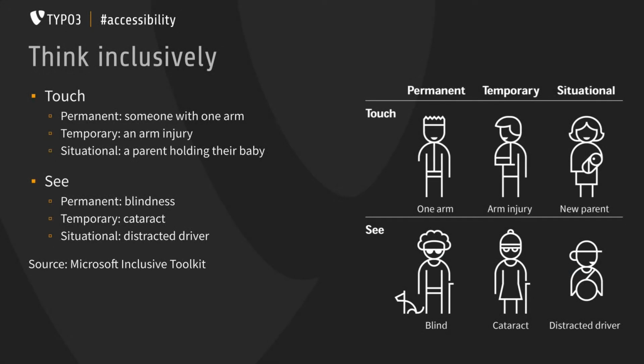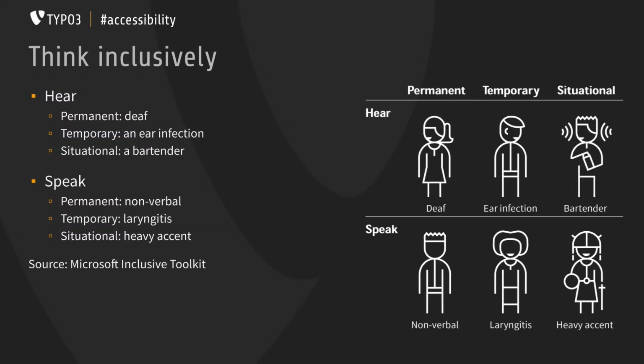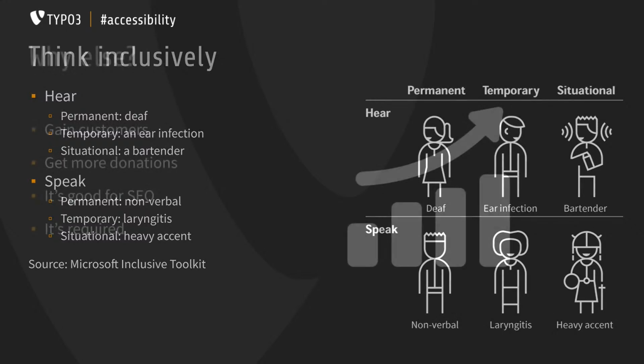Situational and temporary disabilities mean more of your website visitors have some change in ability than you might think. It's not just people that you would traditionally think of as disabled. Maybe you forgot your reading glasses, or you're riding a bus and have to mute the sound, so you need captions. People need to adapt to your website in ways you don't even know about. With the spectrum of human ability, you couldn't create alternatives for everyone.